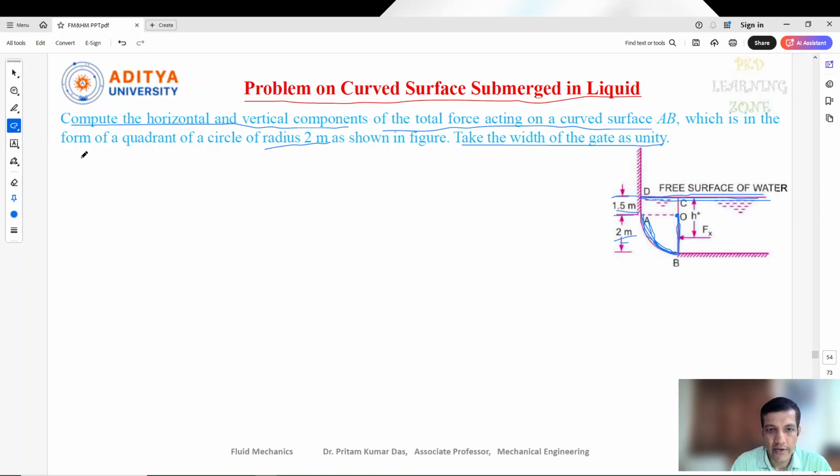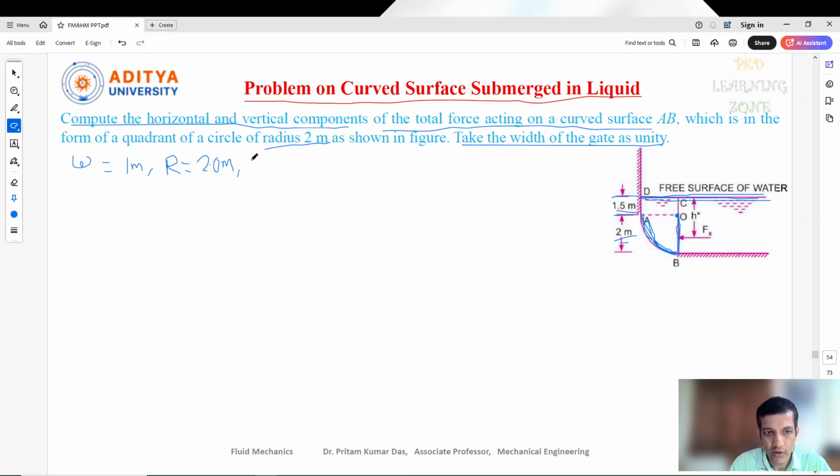So first, the width of the gate is unity, so we can write W equal to 1 meter. Similarly, the radius, or the height of OB, is 2 meter.